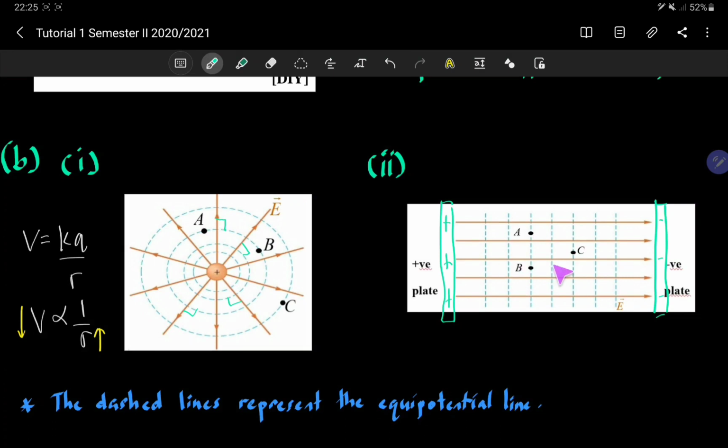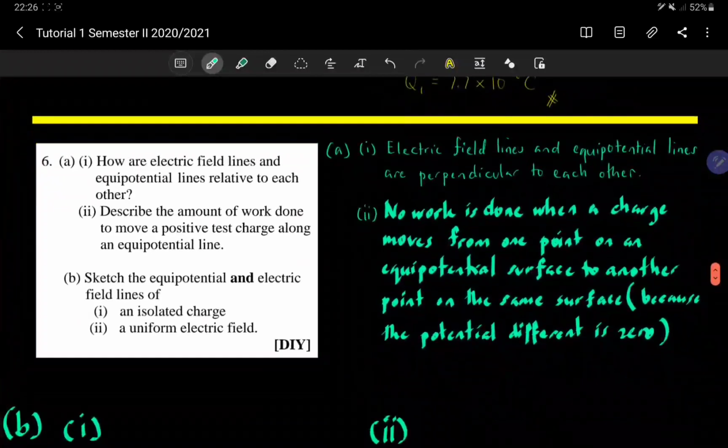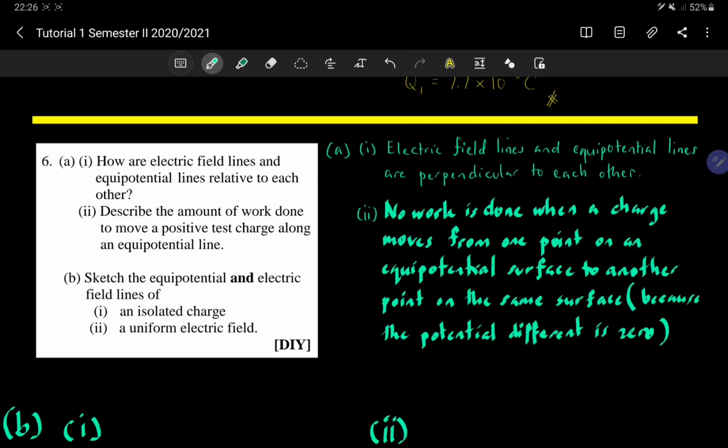Or maybe for the parallel plate, it is still the same. The equipotential lines and E are perpendicular to each other. So based on that, we may say that the electric field lines and equipotential lines are perpendicular to each other.